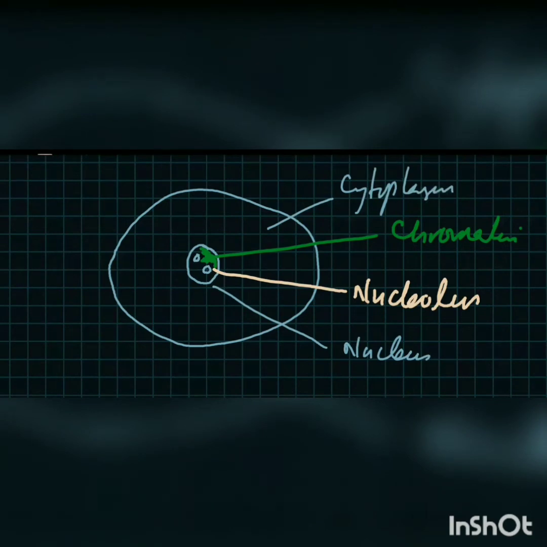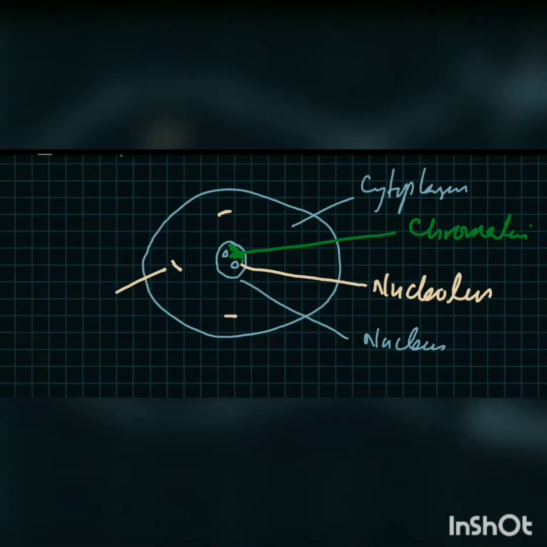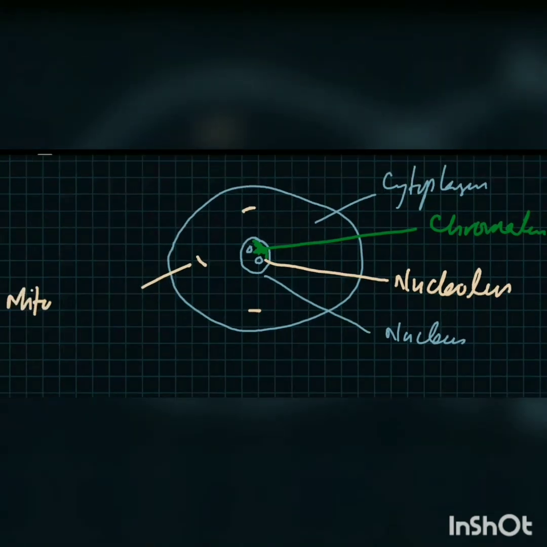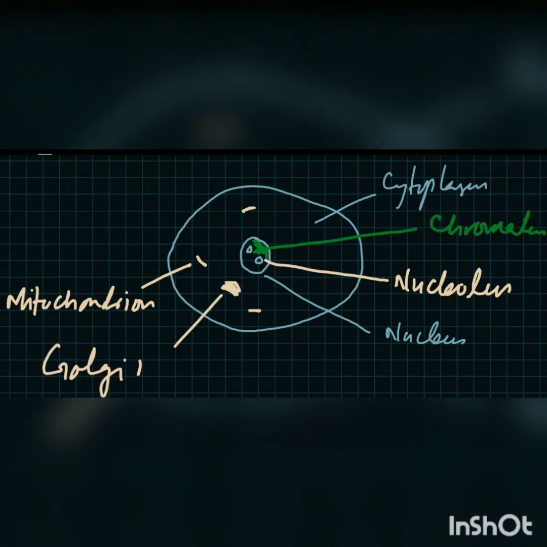Within the cytoplasm, we will see mitochondria. And other than mitochondria, we will be able to see Golgi bodies and centriole.